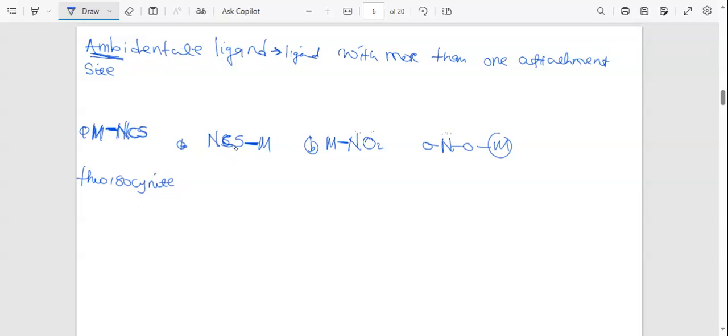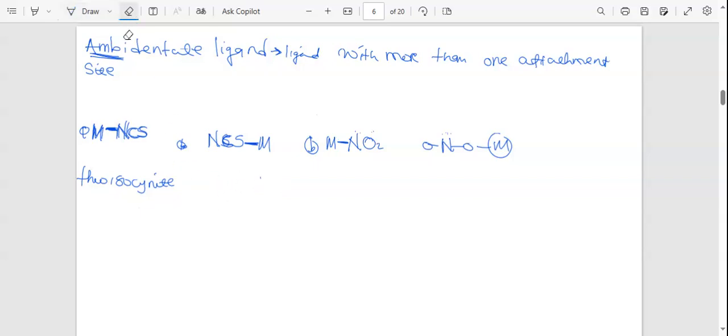But when it is bonded through nitrogen, you call it isocyanito. So cyanito, you can call cyanide, just like that.